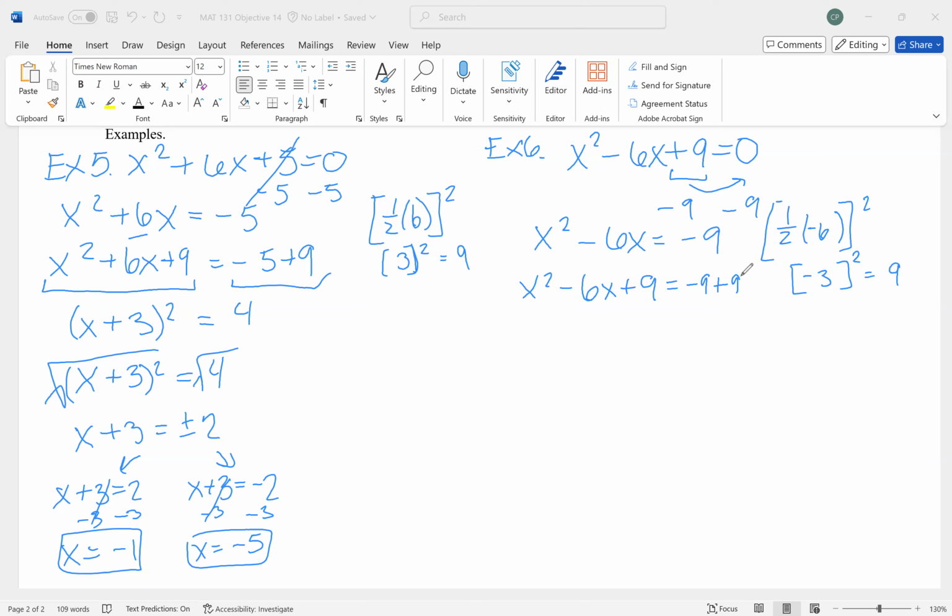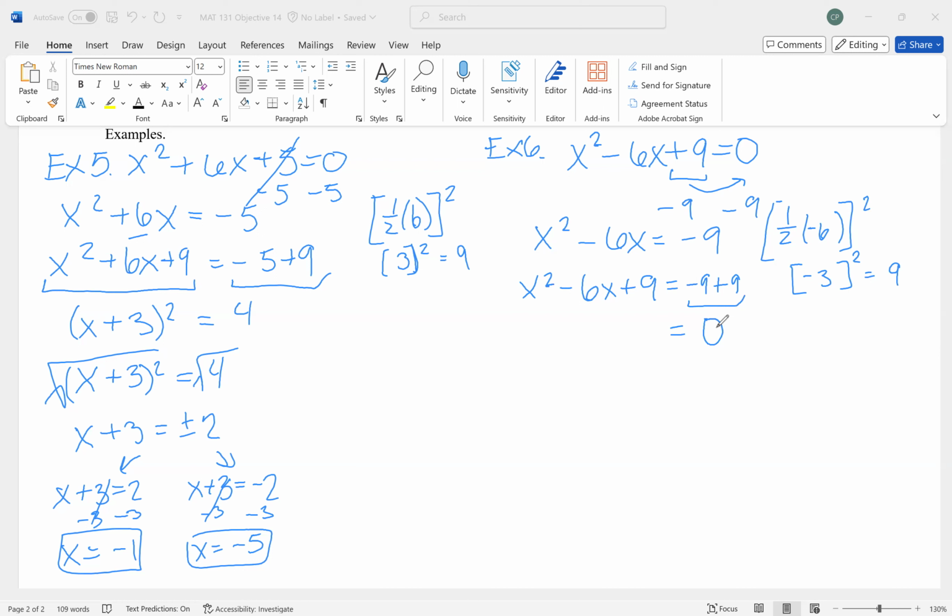Notice what happens. For this particular problem, in the beginning on the left side, it was already a perfect square trinomial. So on this right side, this is going to end up being 0.